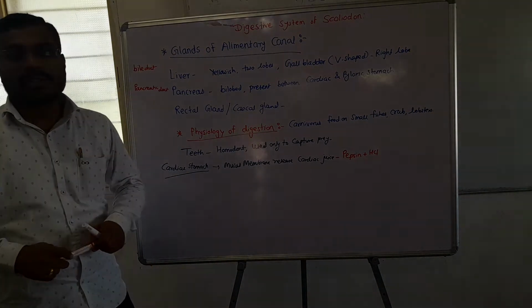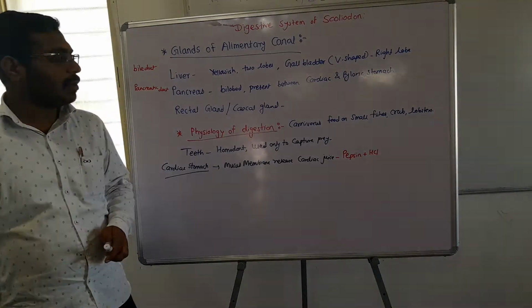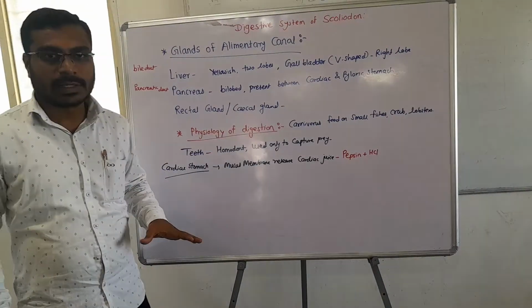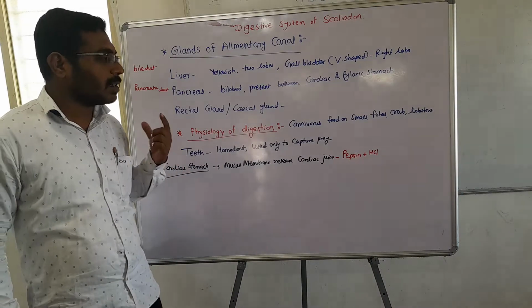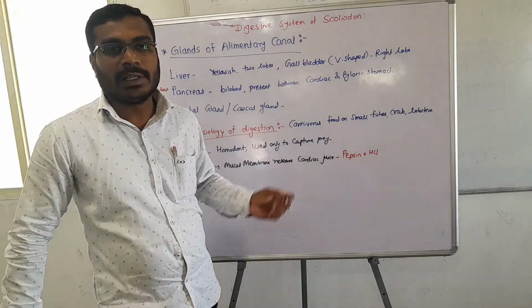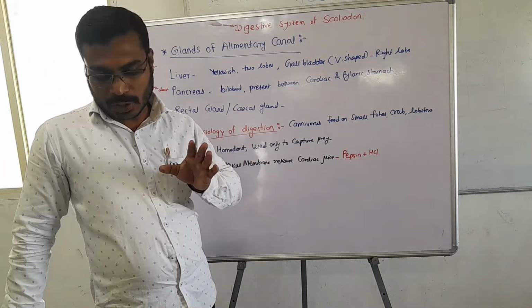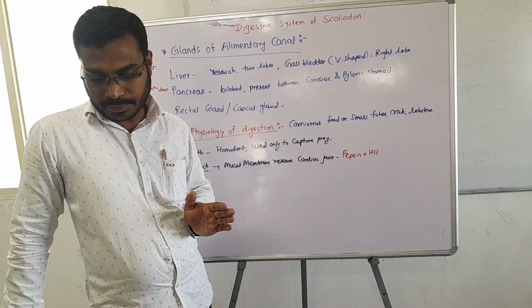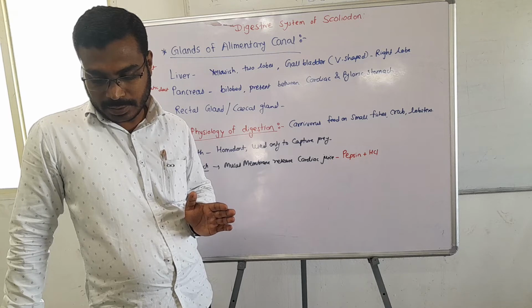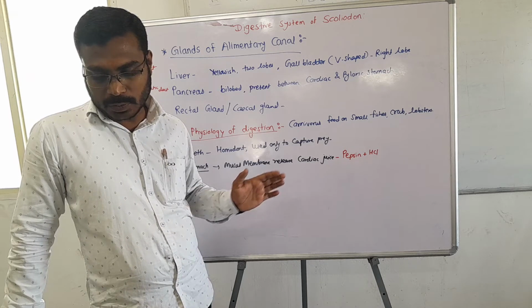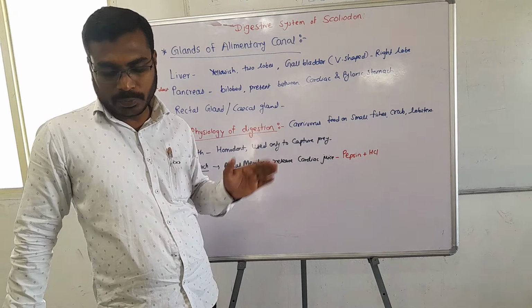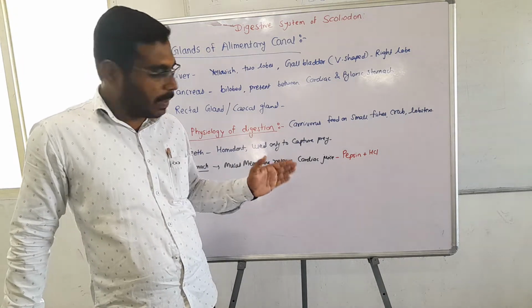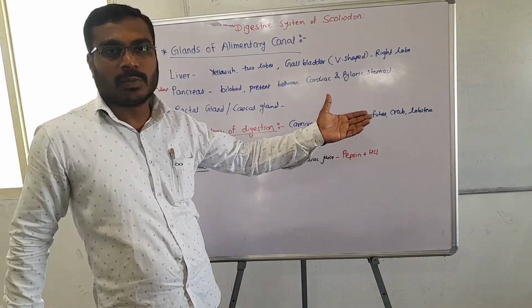HCl creates an acidic environment in the cardiac stomach, and the enzyme pepsin acts on proteins. Pepsin converts proteins into proteoses and peptones, which means it hydrolyzes proteins.